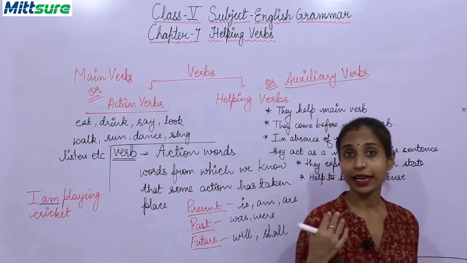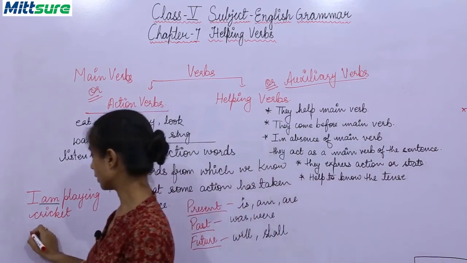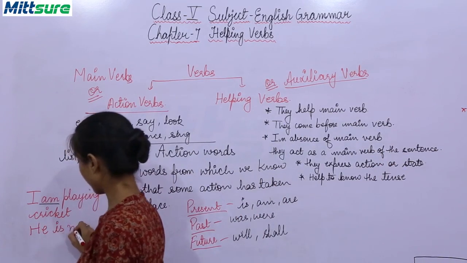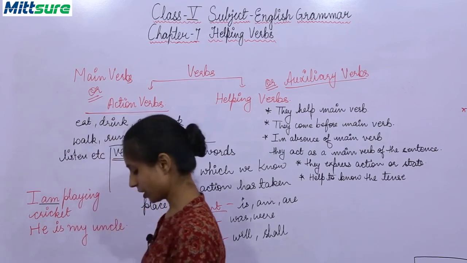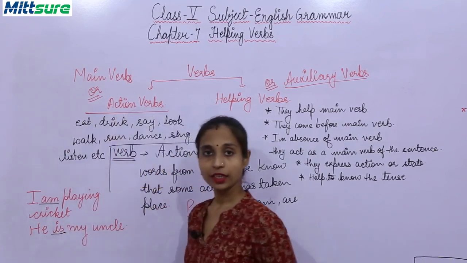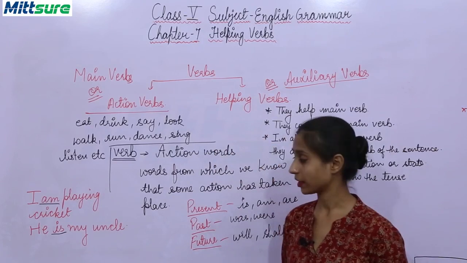He is my uncle. Now just see, this is what I was talking about. He is my uncle. Now children, in this statement the helping verb is "is". Now you can see that there is no action verb in the statement.